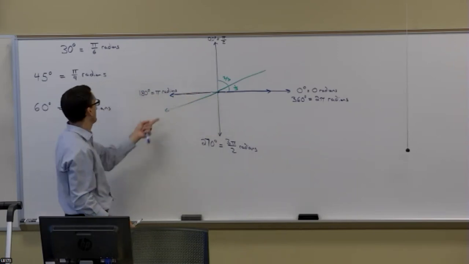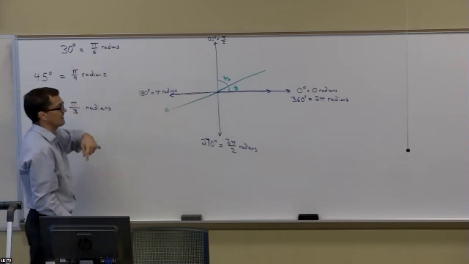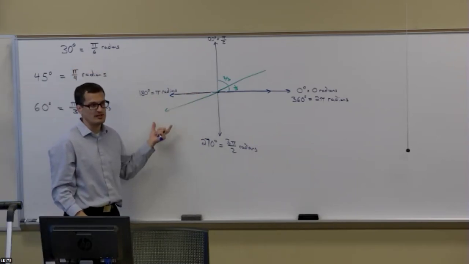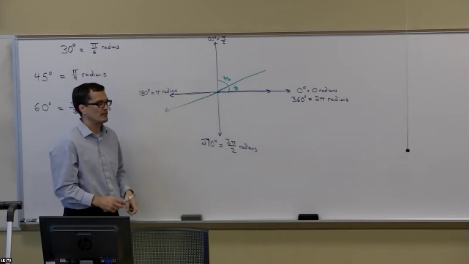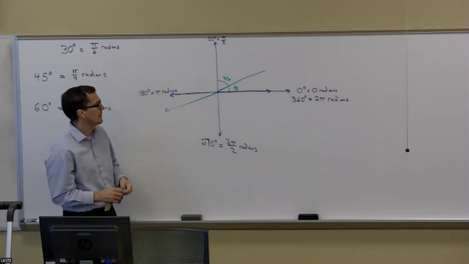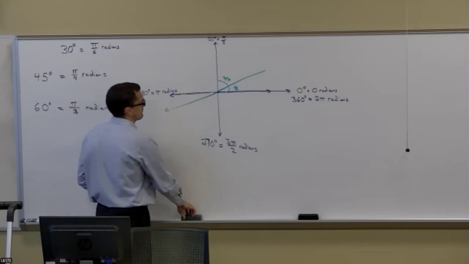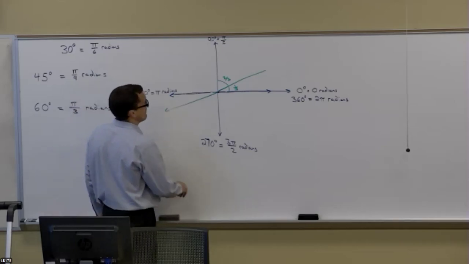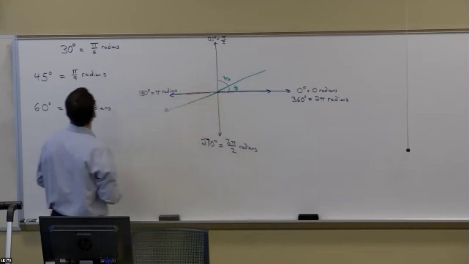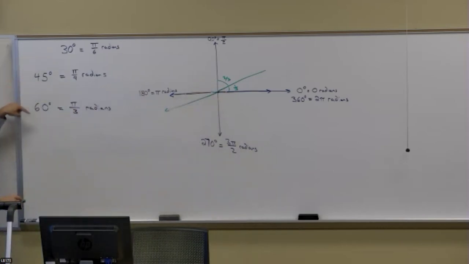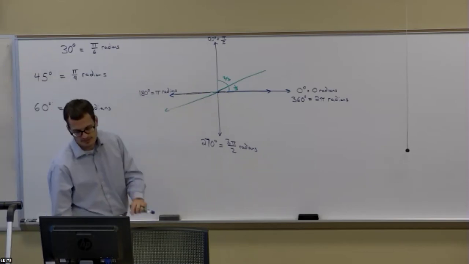Or pi plus pi over 6. That'd be 7 pi over 6 as an improper fraction. So we can get all of these different angles based on combining our quadrants plus these three, adding and subtracting those three inside any quadrant.